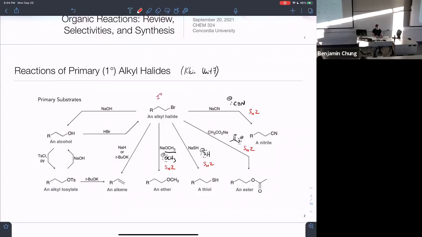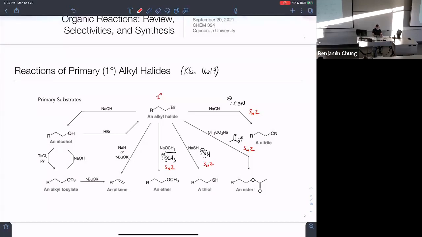When we are talking about an SN1 reaction, we go through a carbocation intermediate, which I'll talk about later. Primary alkyl halides aren't prone to do that because primary carbocations are unstable. So what ends up happening is the attack of your nucleophile and the displacement of your leaving group happen in the same step, which makes it an SN2 reaction. Do you guys remember that? I'm not seeing as many nods as I would like.